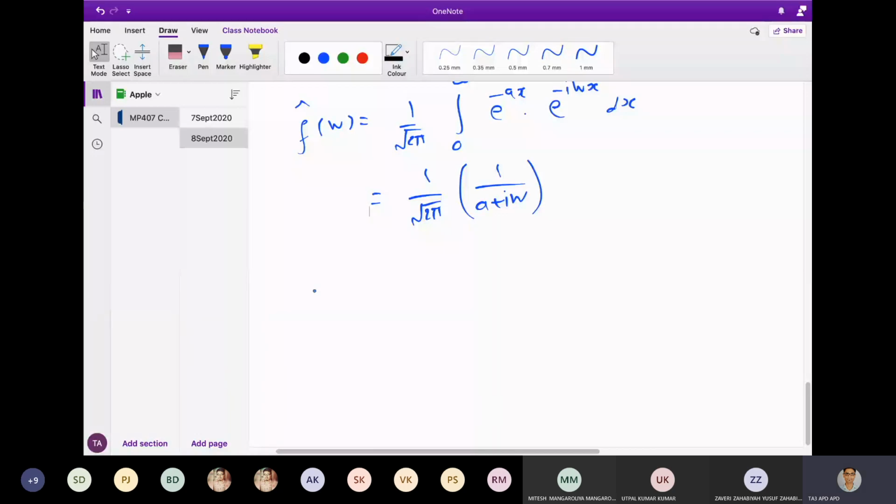So you have the example of f of x equal to e to the power 2ix for modulus of x less than 1 and equal to 0 otherwise.